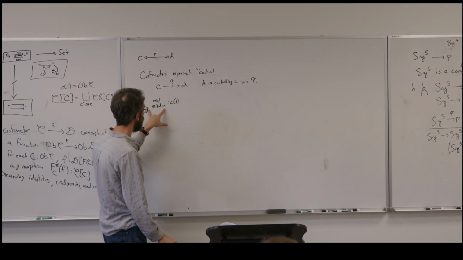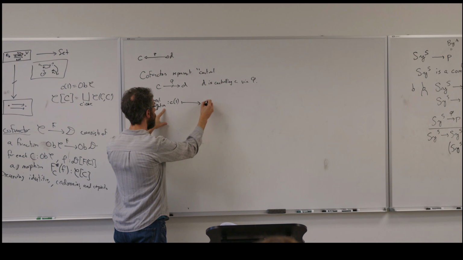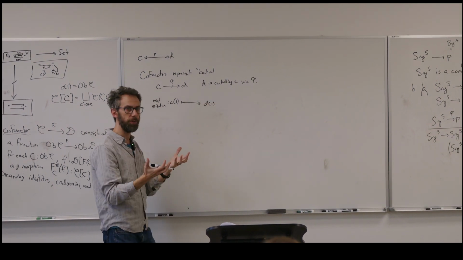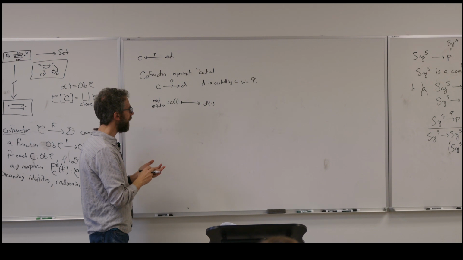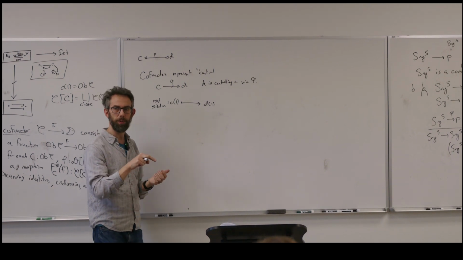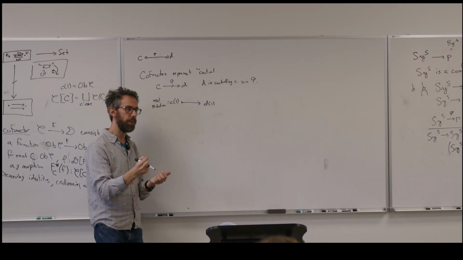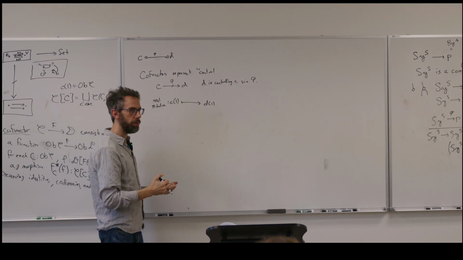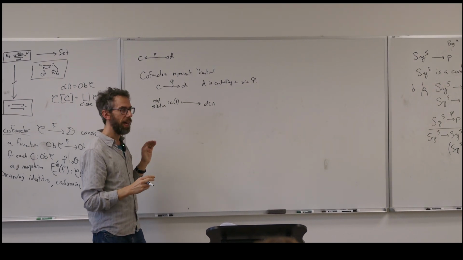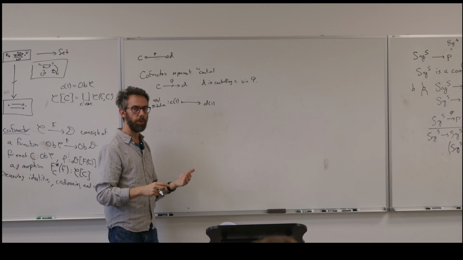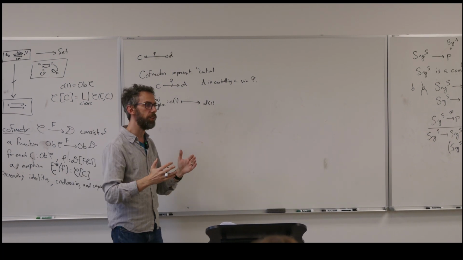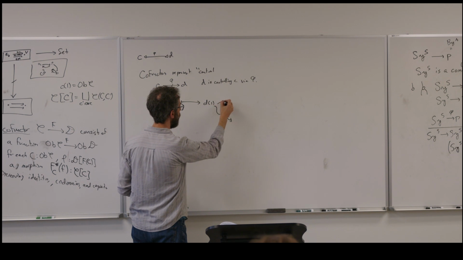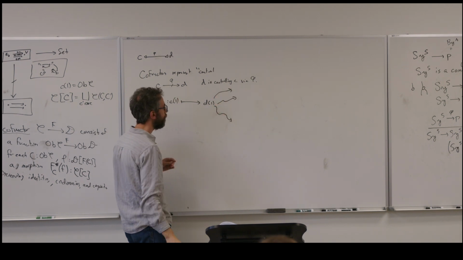So you have some real situation, and it's sent to some image in your control room. And now, given that image, there might be certain buttons that are not pressable. There might be certain things in your joystick you can't do. But there's other things on your joystick that you can do, and other buttons you can press. And those are exactly the outgoing arrows of your object. So all the things that you're allowed to do, all the ways you're allowed to jump forward, are the morphisms out of this thing. I could do that, I could do that, or I could do that.